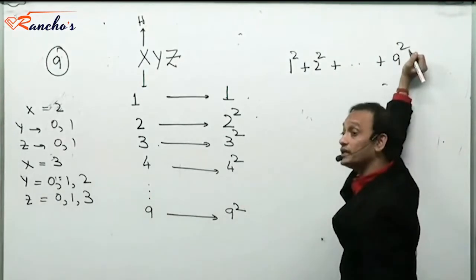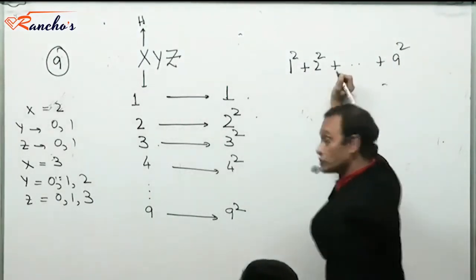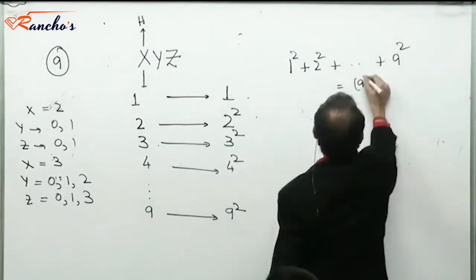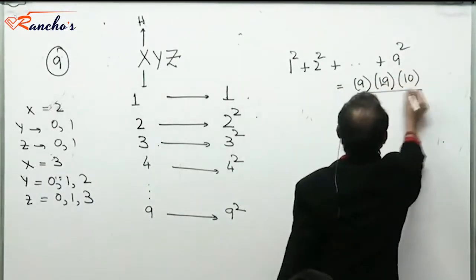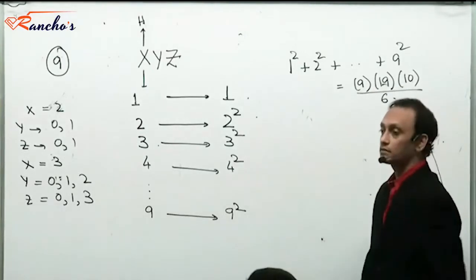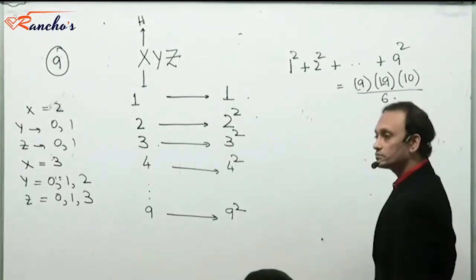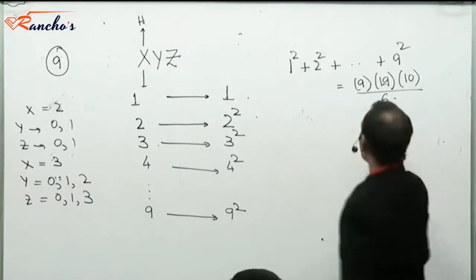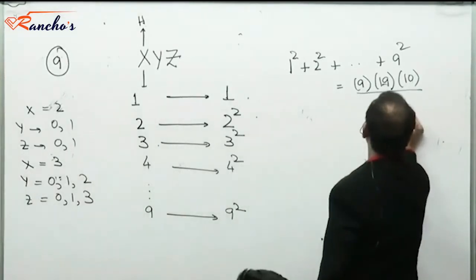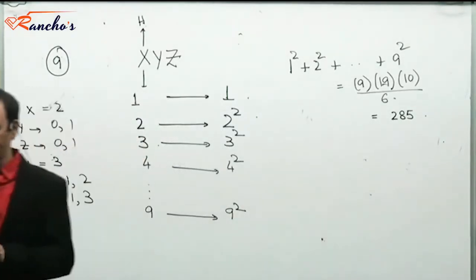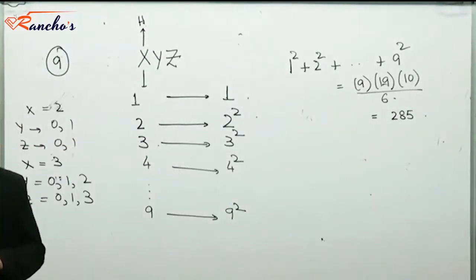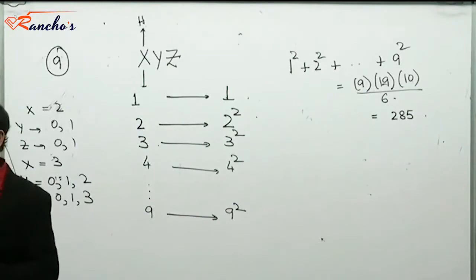The sum of the squares of the first 9 natural numbers is 9 into 10 into 19 by 6, whatever this turns out to be. 285? 285 ways. Right? Got me?